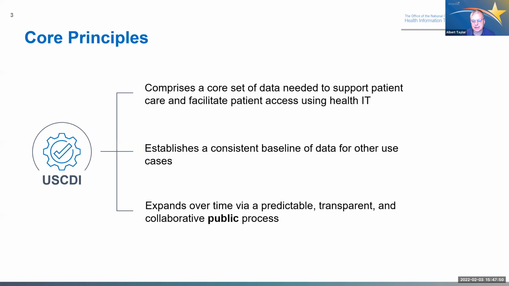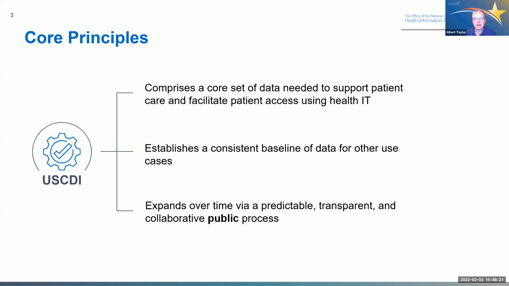It also establishes a consistent baseline, and that consistent baseline is important because there are a number of situations where the amount of information contained within USCDI is not always enough to meet whatever particular health data need. That data need can be identified by individuals, certain practices, or even by different programs, federal programs, and other programs that requires a certain amount of health data.